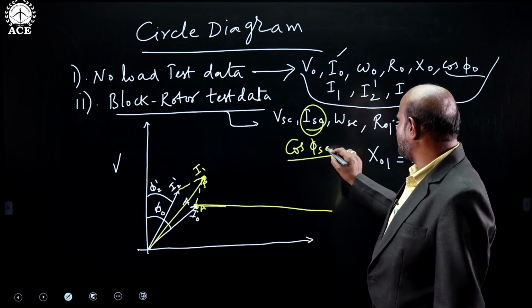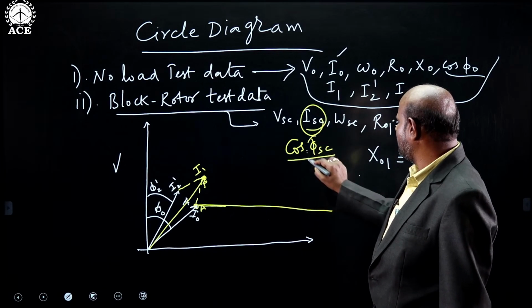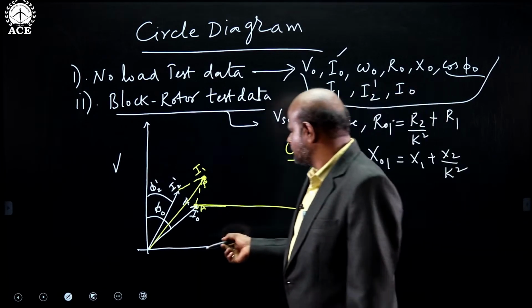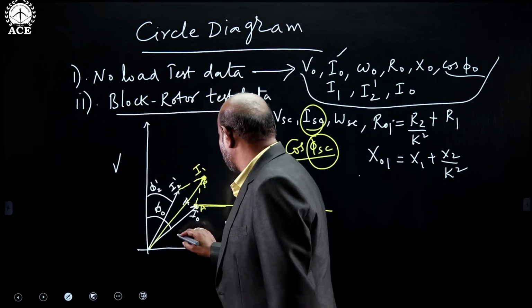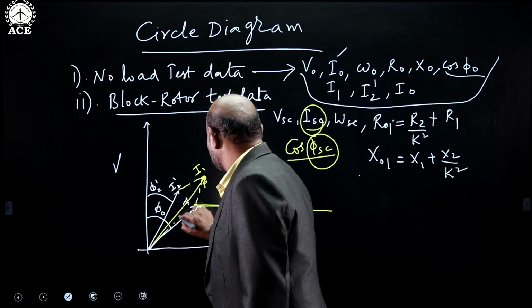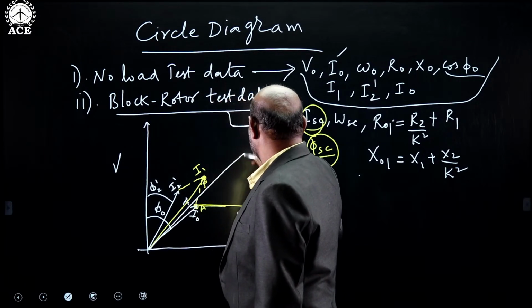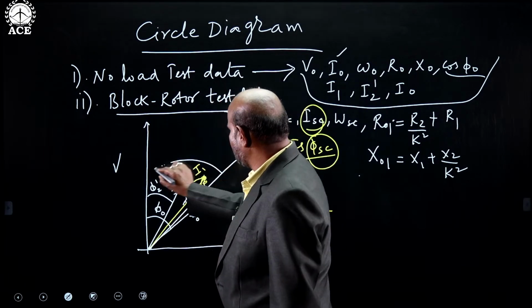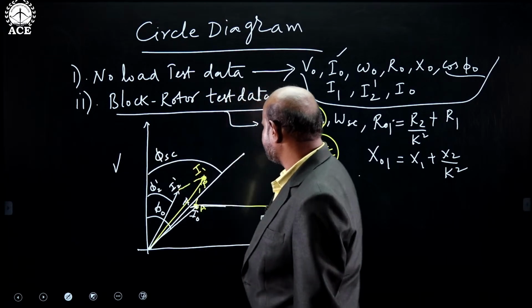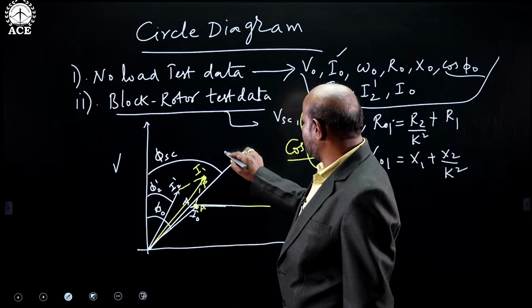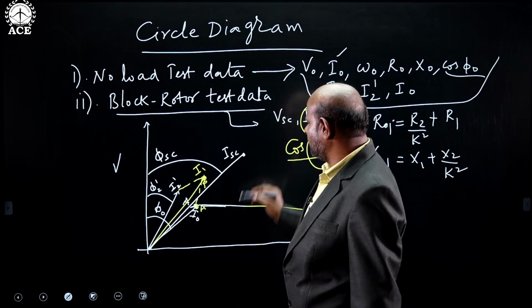So this is the power factor. ISC is making an angle of phi SC here. So let us draw ISC, which is making an angle of phi SC with respect to voltage. This is nothing but ISC.